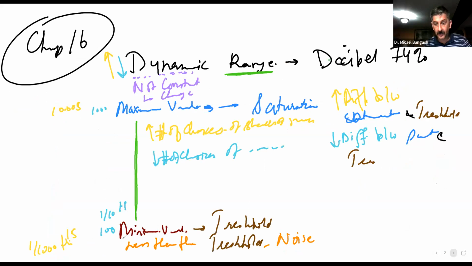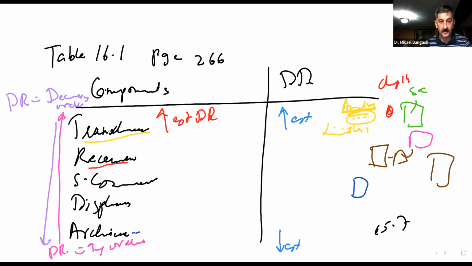So you can say that the data received by the transducer is going to be analog, mainly because it is going to have the greatest dynamic range.